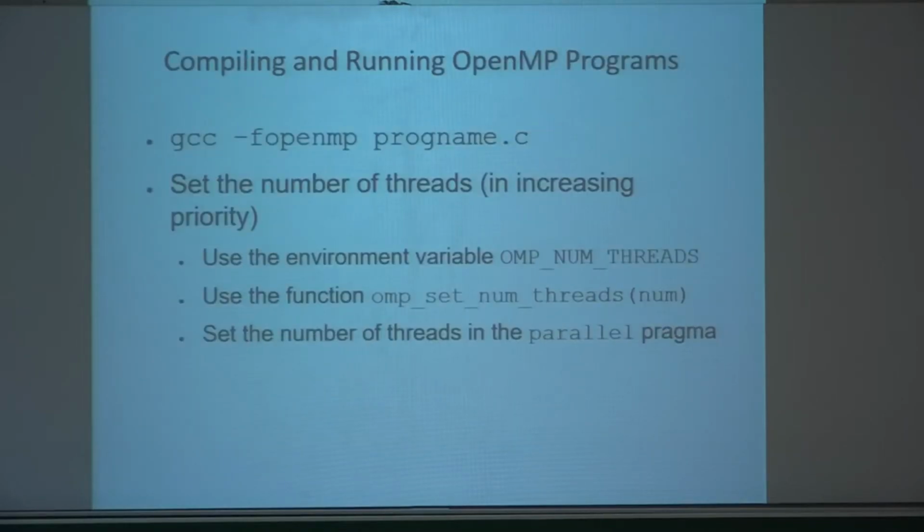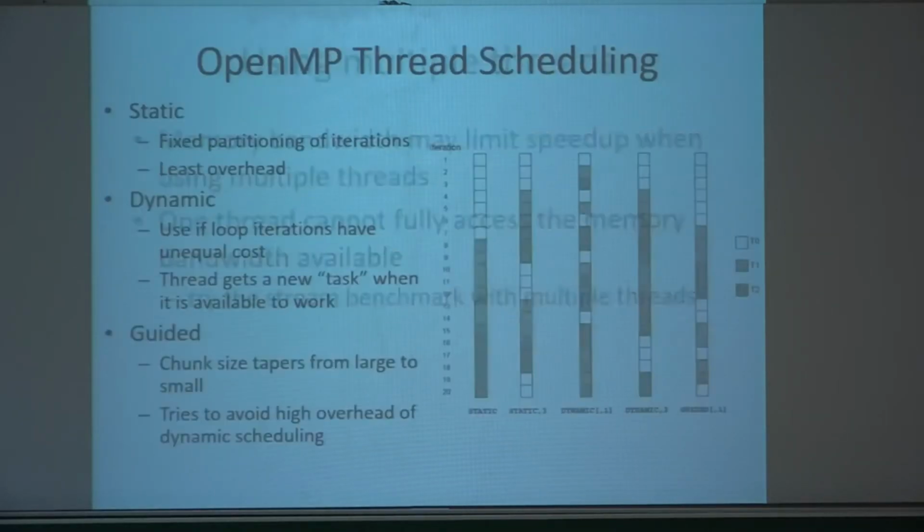Okay, so if I could jump ahead to maybe this picture. These are loop iterations, right? By putting a compiler directive in front of that loop, it says, well, the first 7 loop iterations, assign that to the first thread, which will run on one core.